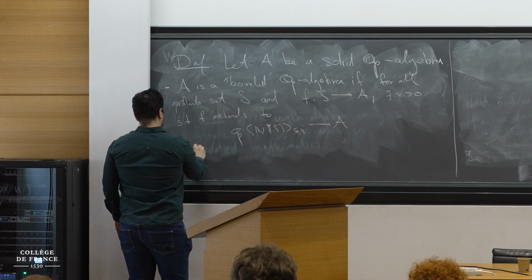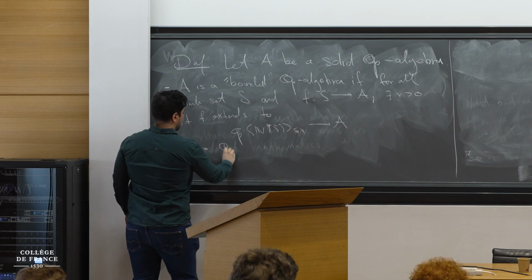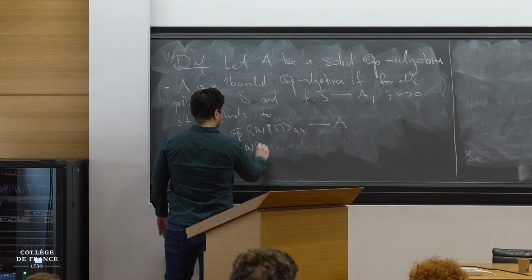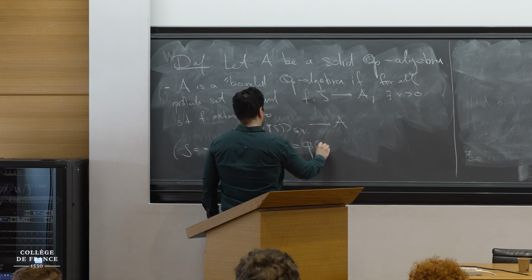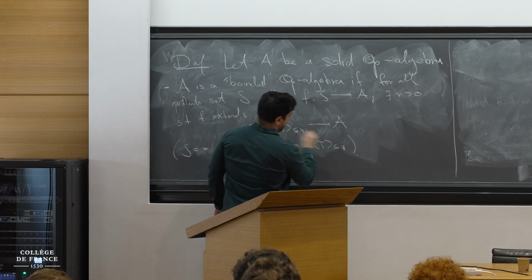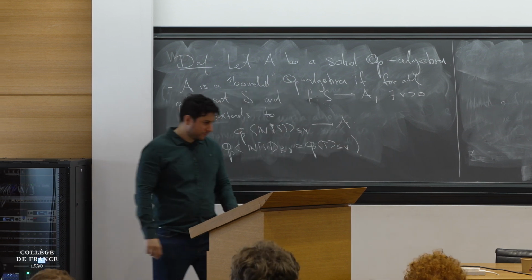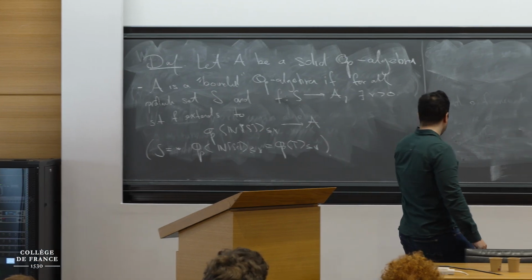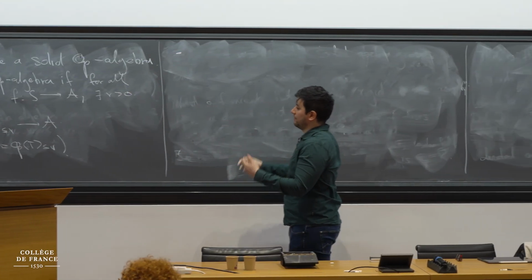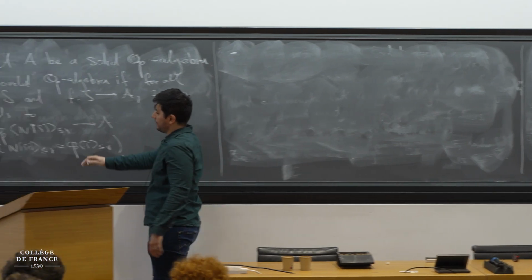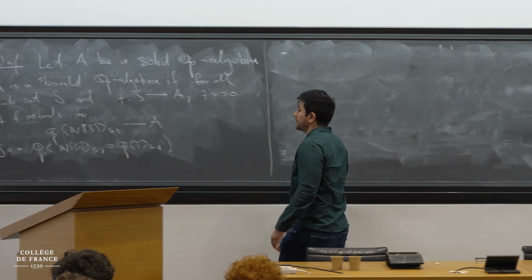Just saying that if S is a point, then this algebra is precisely the Tate algebra or the overconvergent algebra we had before. So in some sense, it's just telling you that any function is uniformly power bounded in an appropriate sense.